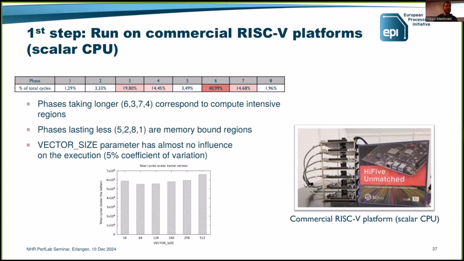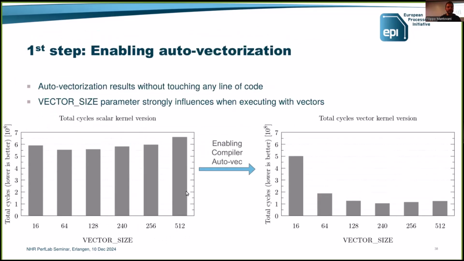Another important point here is that if you change the vector size, so if you change the blocking of this problem, the total cycles are not changing much, okay? So if you are running scalar, you are not much affected by this blocking, okay? But if you enable the auto-vectorization, and now I'm doing a little bit of a trick, so I jump into the future, okay?